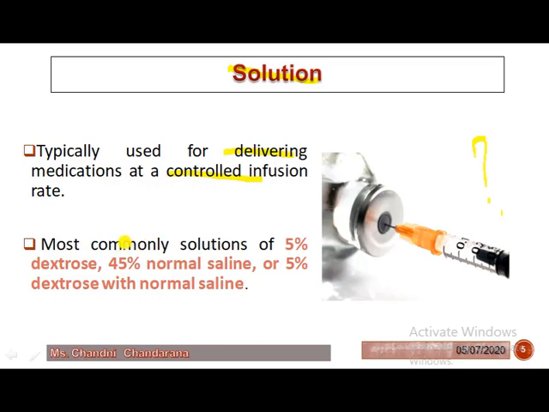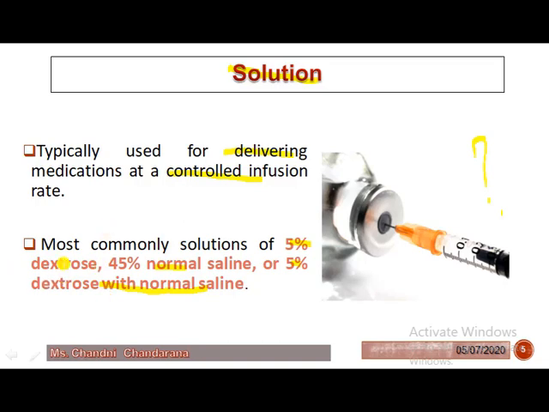The commonly used solutions are 5% dextrose, 0.45% normal saline, or you can say 5% dextrose with normal saline.